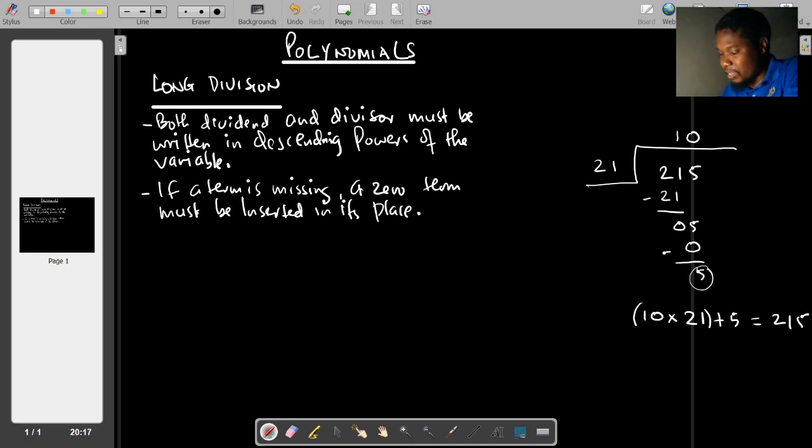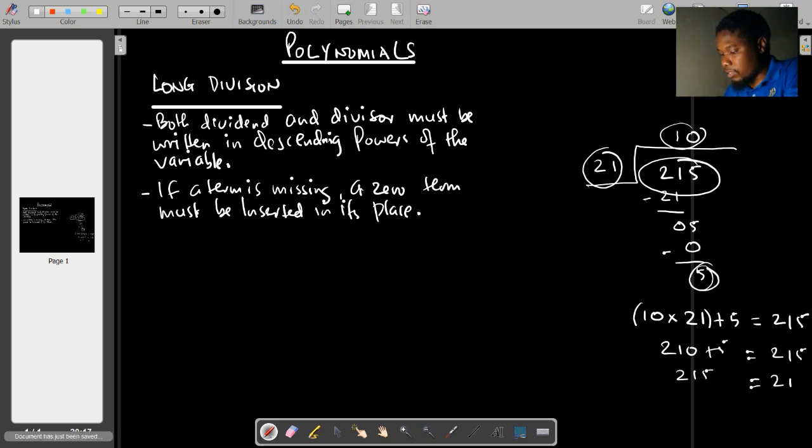So if you multiply this times that, and then add the remainder, you end up getting this. It will be 210 plus 5, you end up getting 215, which is the same thing as that. That's what you see from long division using numbers. So it's the same understanding that we end up applying when we are dealing with long division and polynomials.